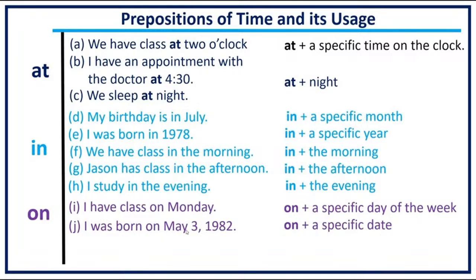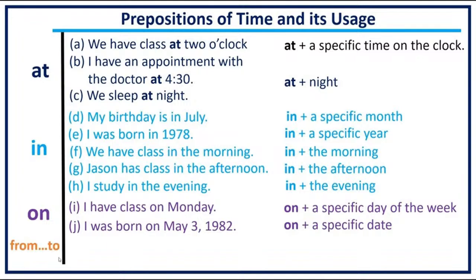I was born on May 3, 1982. Even though without the year here, as long as there is the date, because we are talking about the date. I was born on June 12. So, we use on May 3, 1982. So, on plus a specific date.